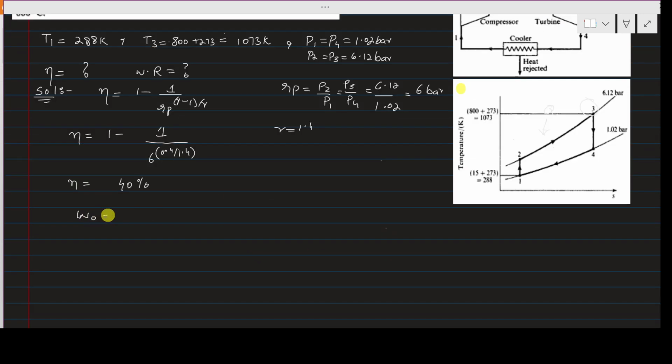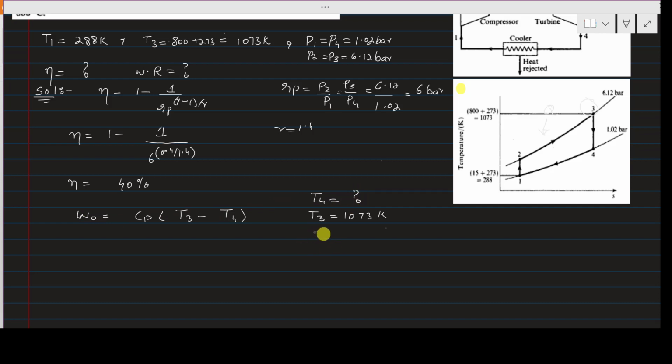Output by the turbine is Cp times the maximum temperature T3 minus the temperature at the exit of the turbine, that is T4. T3 is known, that is 1073 Kelvin, and T4 is unknown. So before putting that in this equation to find the work done, T4 should be calculated.